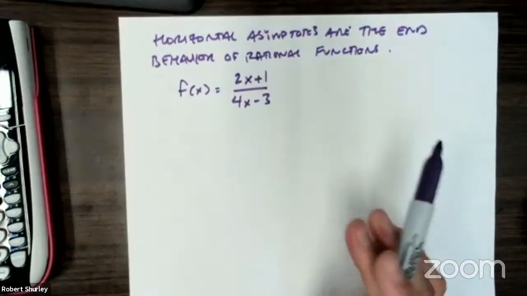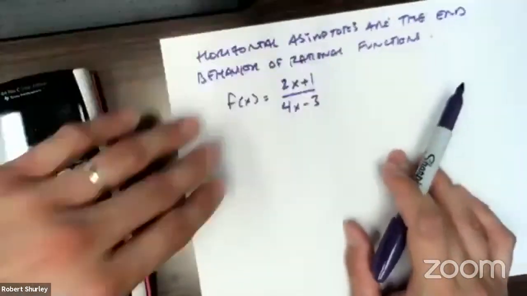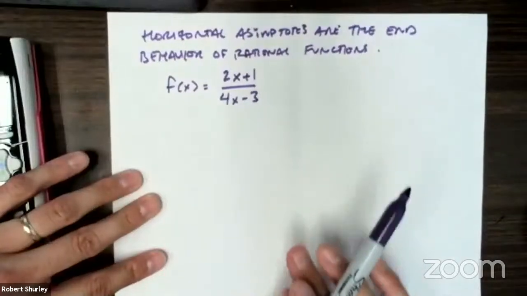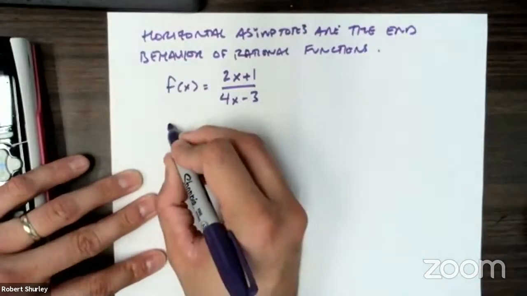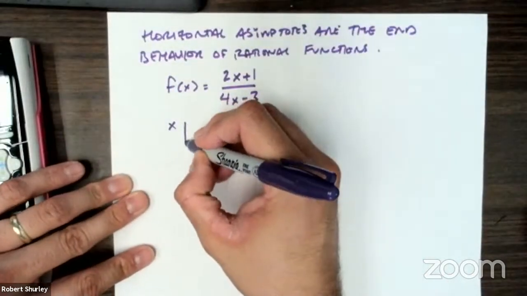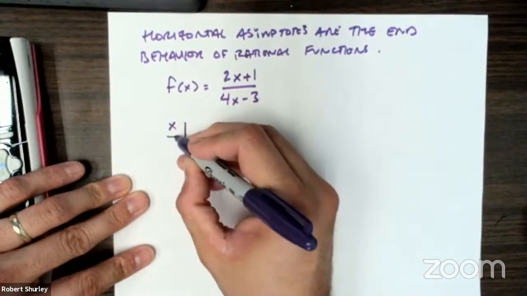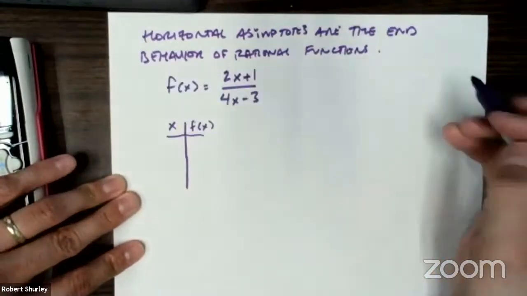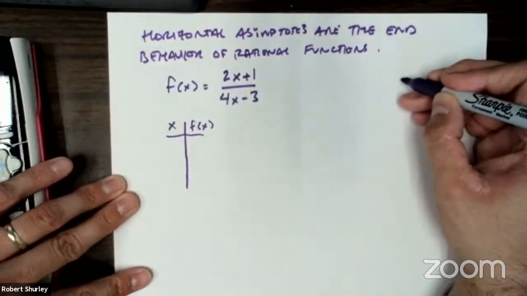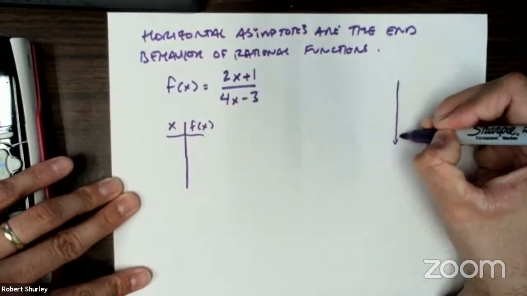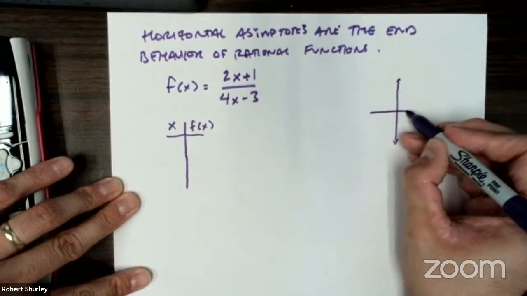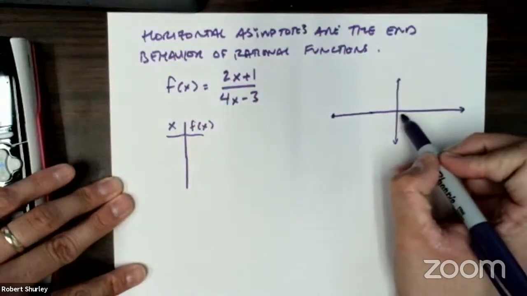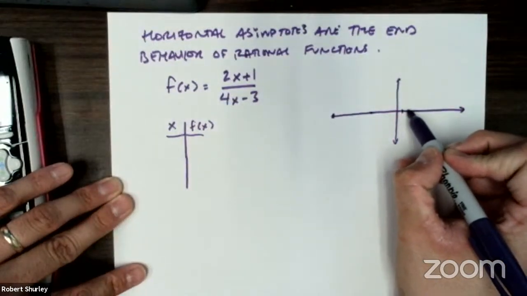The long way to do this, which I'm going to show you to really explain why it comes from the end behavior, is we're going to shoot x off to infinity. To get the end behavior of the graph, think about it: if we had a graph here and we want the end behavior of it, you could just put in really big x values.